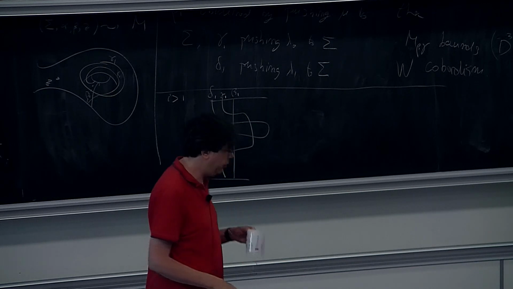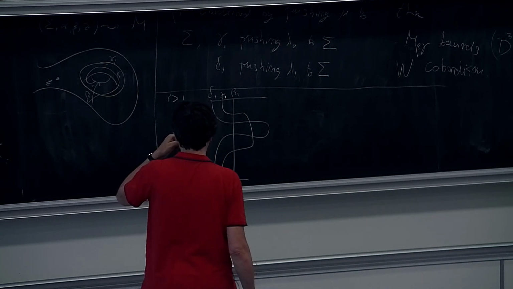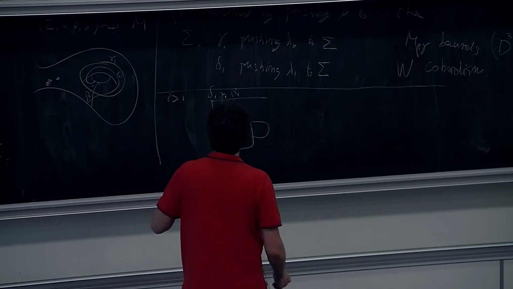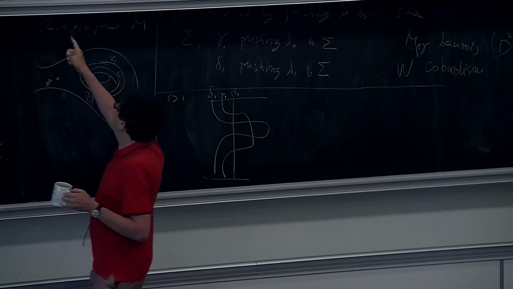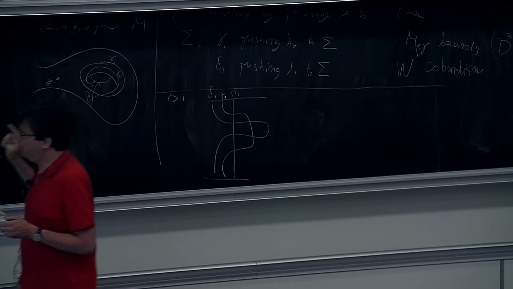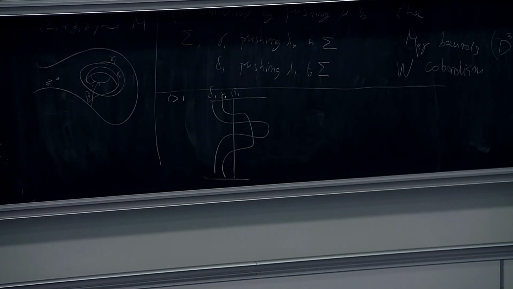So also you see that the diagram sigma alpha beta gamma also specifies the handle attachment from M to M0K.